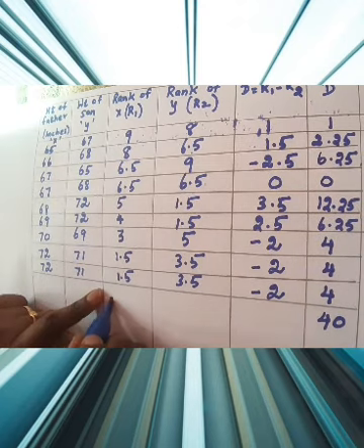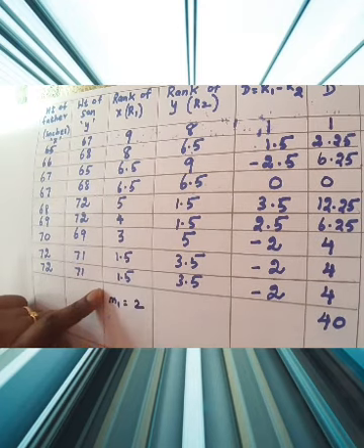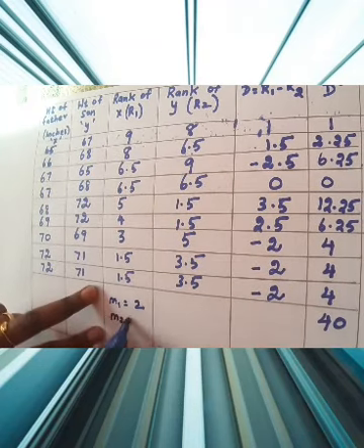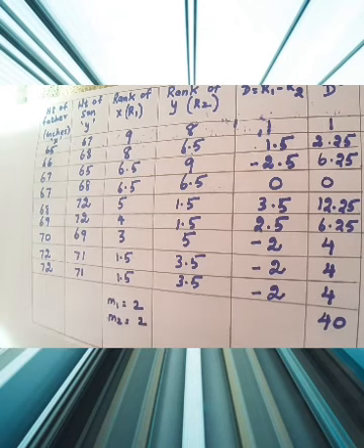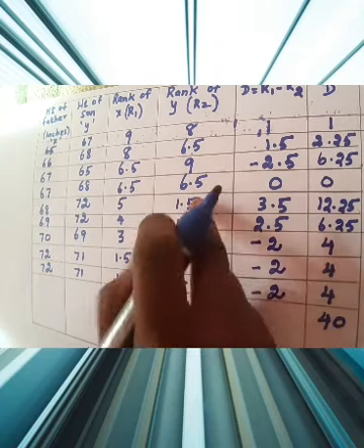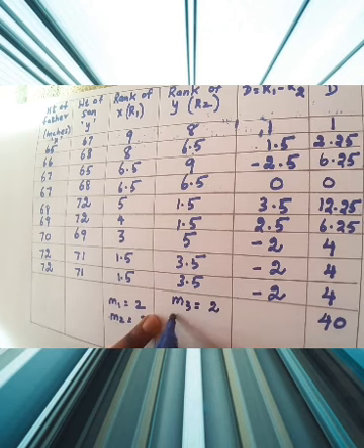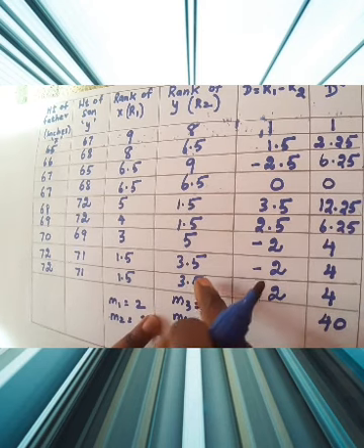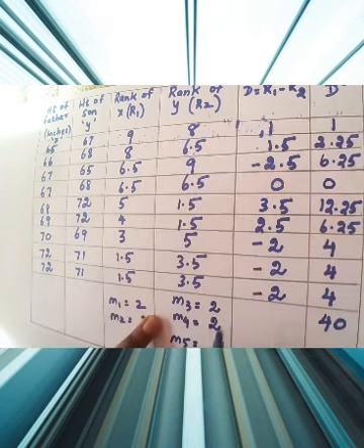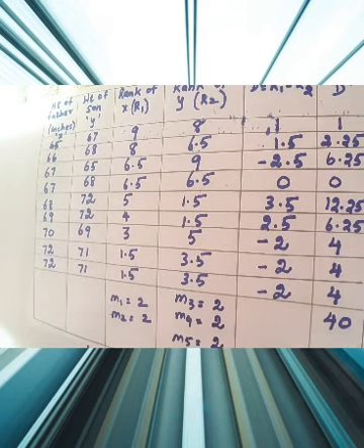So for the X series, m1 is equal to 2. Similarly, 6.5 is repeated twice, so m2 is equal to 2. Don't write 6.5. m1, m2, m3 is nothing but the number of times a particular value is repeated. Similarly, here for the Y series, m3 is equal to 2, as 1.5 is repeated 2 times. Then m4 is again 2, as 3.5 is repeated 2 times. Then m5, 6.5 is repeated, right? So you have till m5.